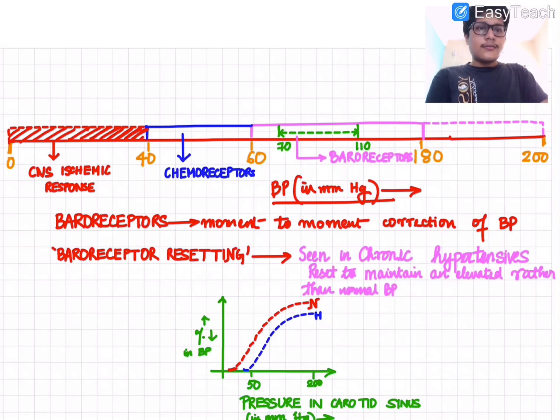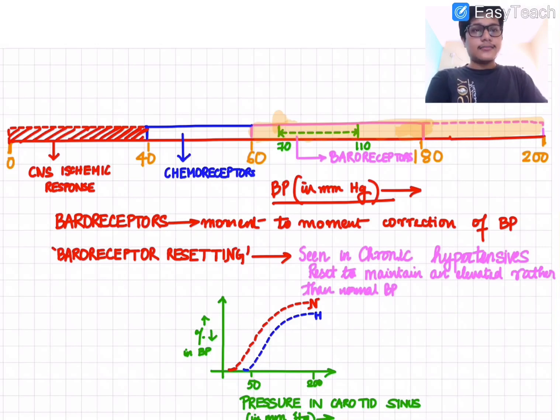So, when the blood pressure is essentially between 60 to 180, the baroreceptors will be active. In some books, it's even given 60 to 200, and in Ganong, if I remember correctly, the range is 50 to 150. So more or less, to be on the safe side, just say 60 to 180.